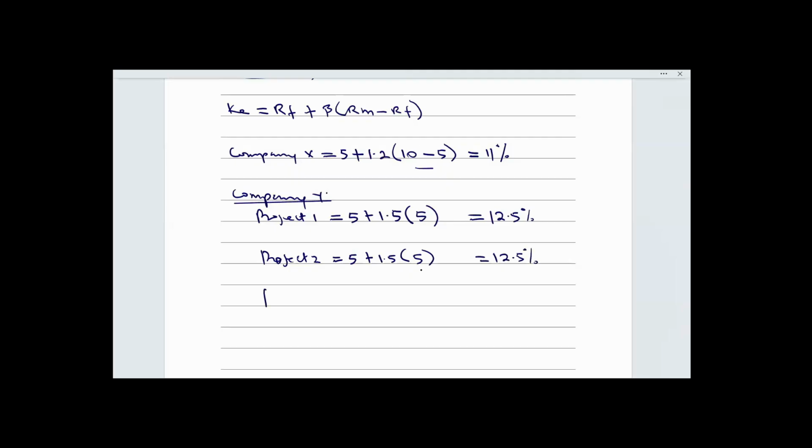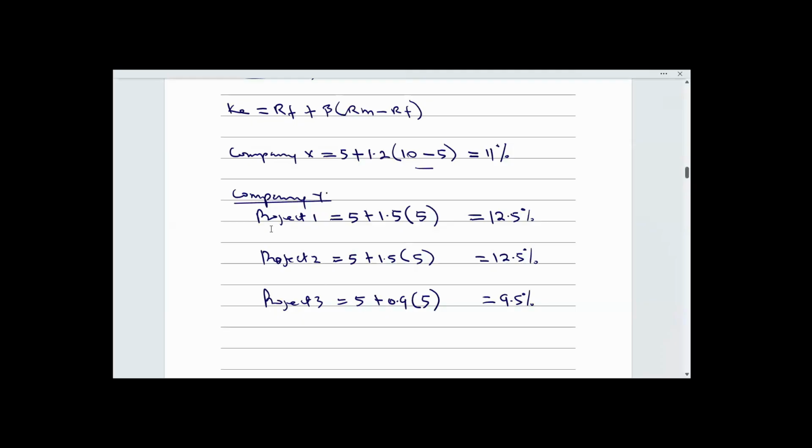Then for project 3, here is 5 plus, what's the beta factor of project 3? 0.9. 0.9 into 5, that should be 9.5%, because 0.9 of 5 will give us 4.5. Then plus 5, that's 9.5.